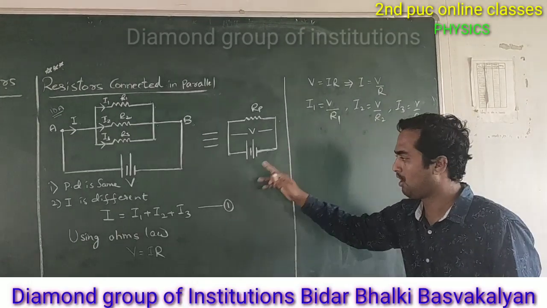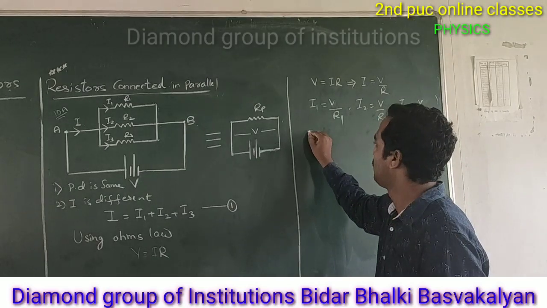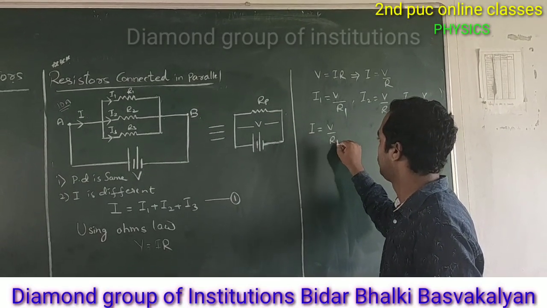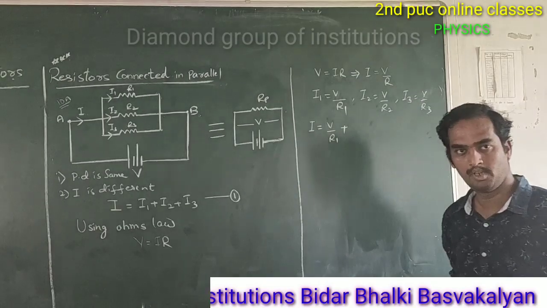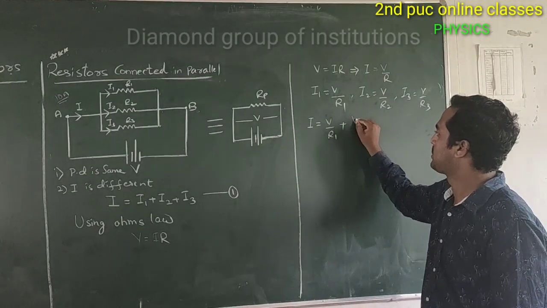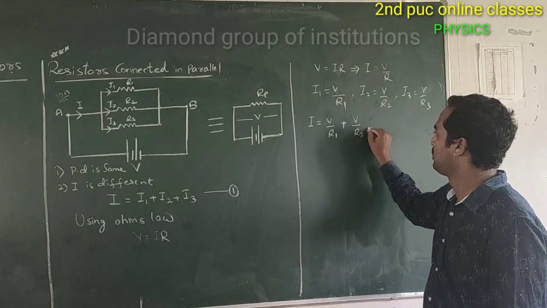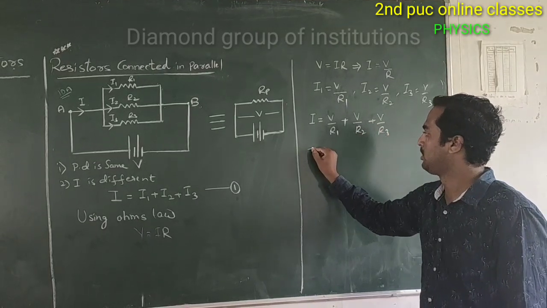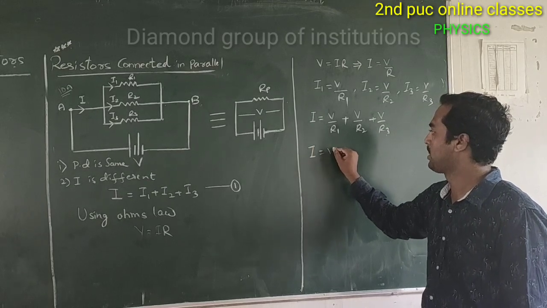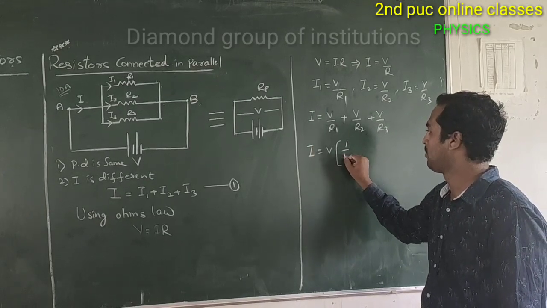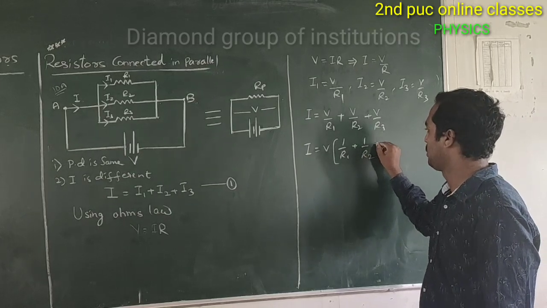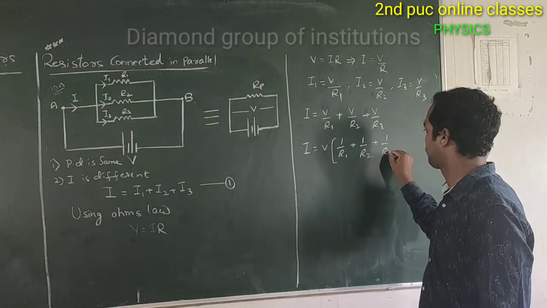So if we substitute all these values in equation number 1, we can write it as I equal to V by R1 plus V by R2 plus V by R3. Then take V common: V times (1 by R1 plus 1 by R2 plus 1 by R3).